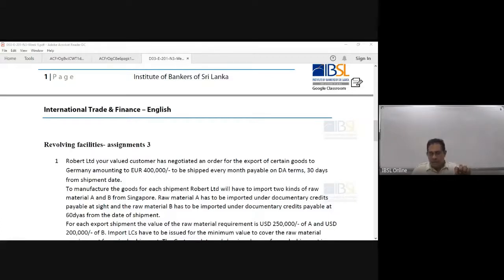And simultaneously, the bank will send a SWIFT to the sender, that is the remitting bank, saying that the draft has been accepted by the drawee for payment, and give the due date. By sending that SWIFT message, that short message, which is an authenticated SWIFT, the presenting bank will have no obligation to pay at maturity. It just conveys to the remitting bank that the drawee or the buyer has accepted the bill of exchange. After that, if they want to discount, that is their baby.